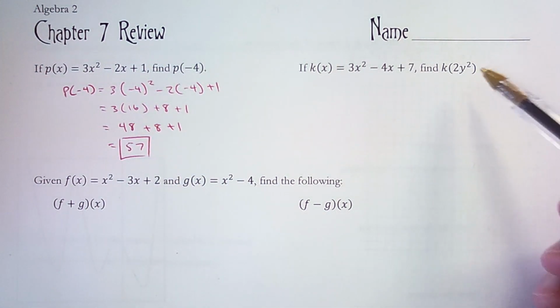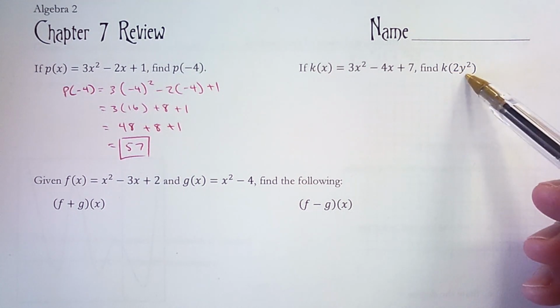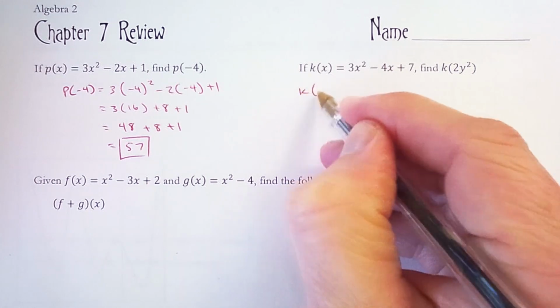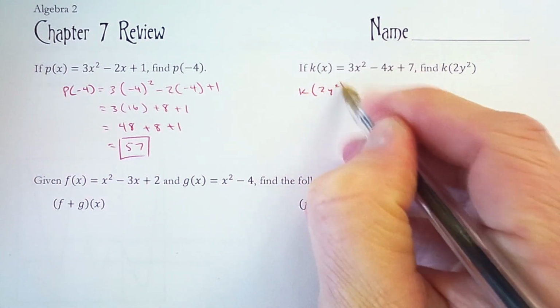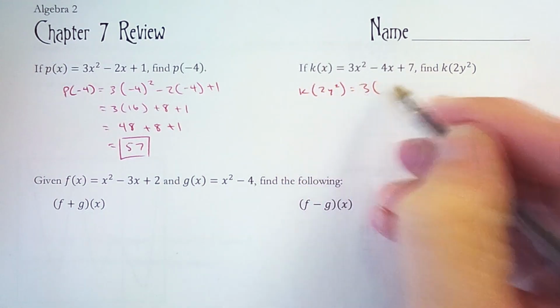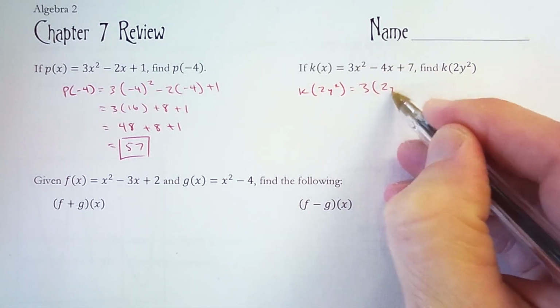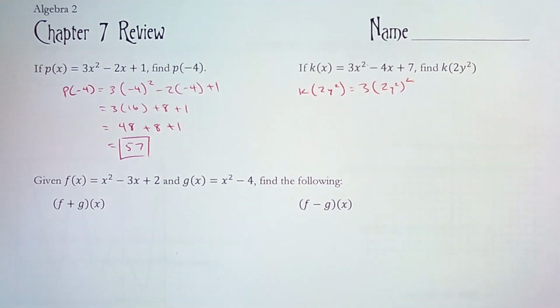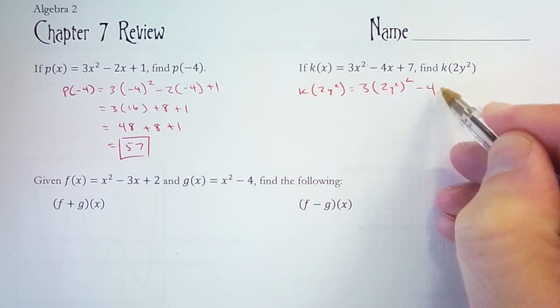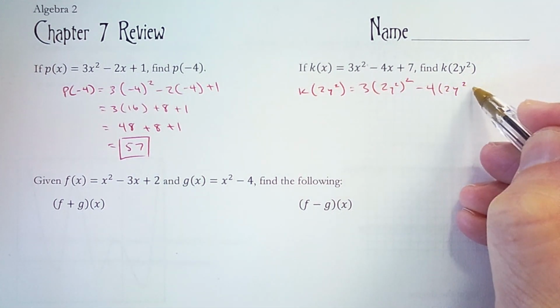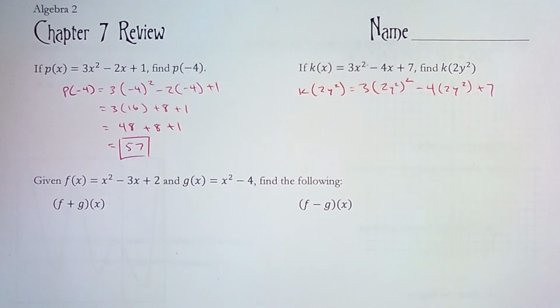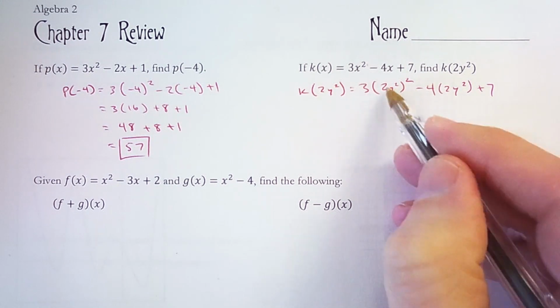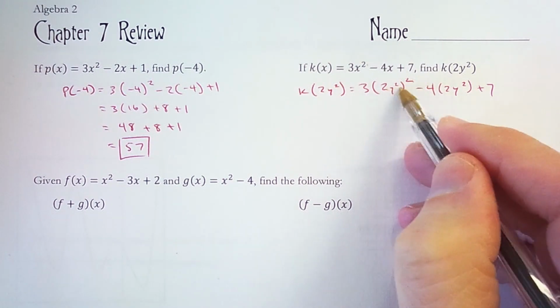Then we are going to evaluate k of 2y squared. So k of 2y squared is 3 times, and then x becomes 2y squared. Now this was x squared, so we need to square this. Minus 4 times 2y squared plus 7. So first we need to square 2y squared.